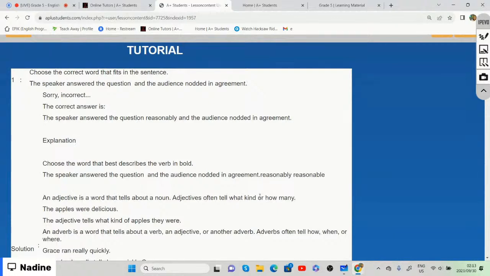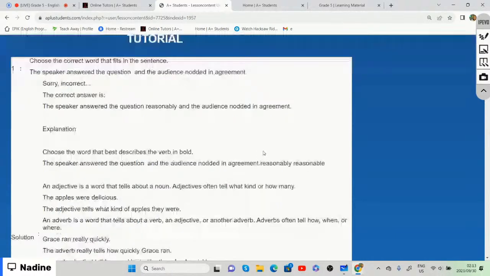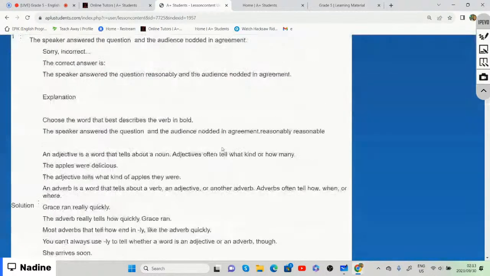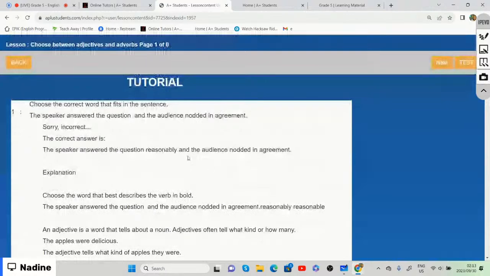So the speaker answered the question, is it reasonably or reasonable? He answered the question reasonably or reasonable.